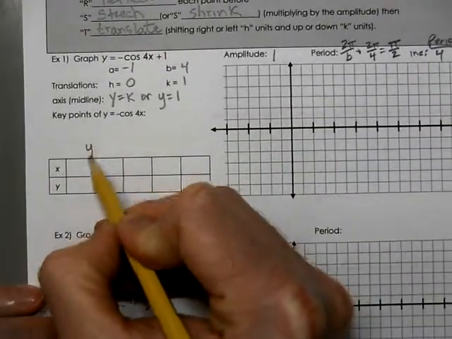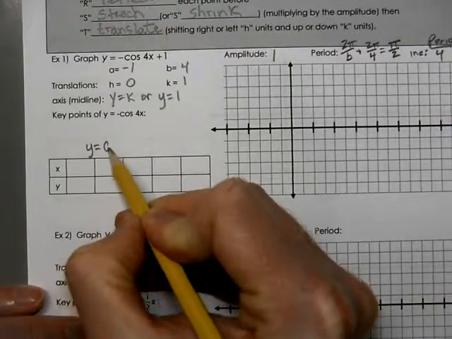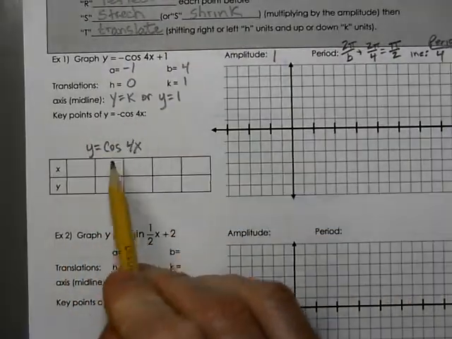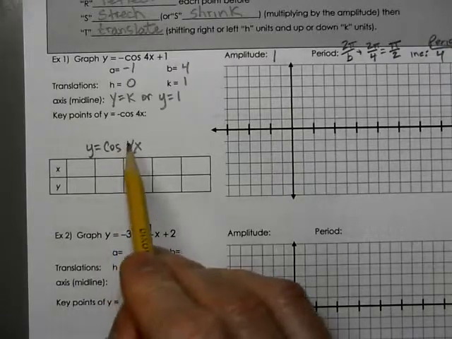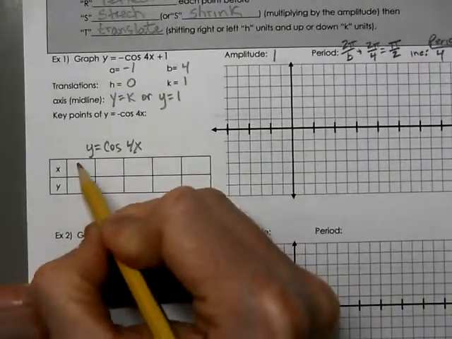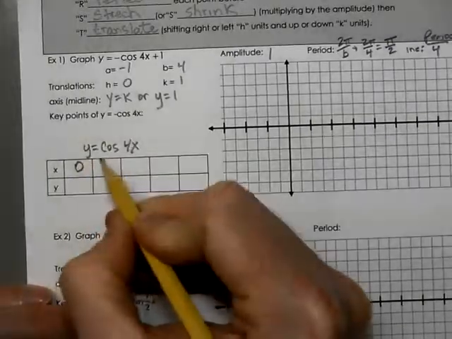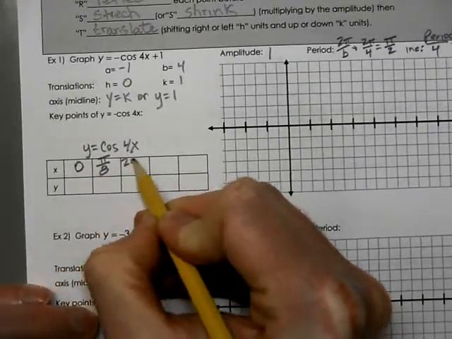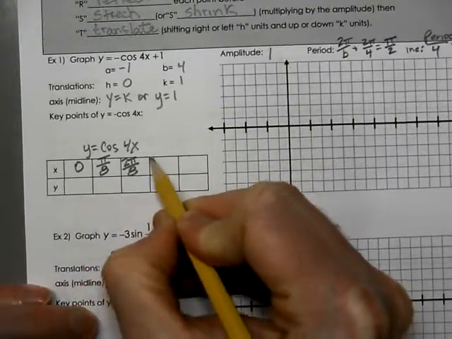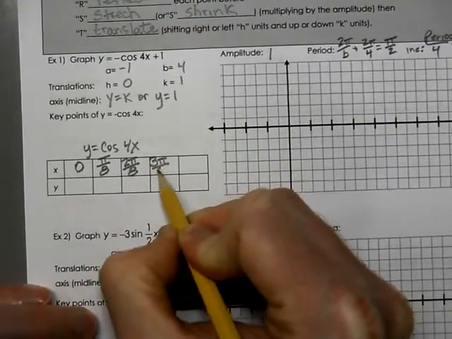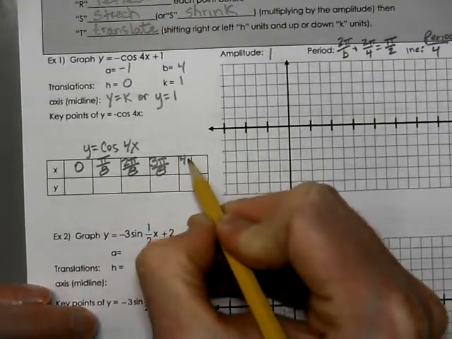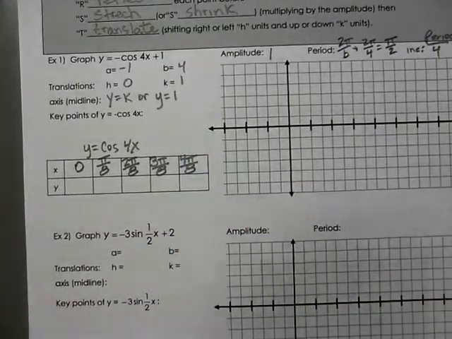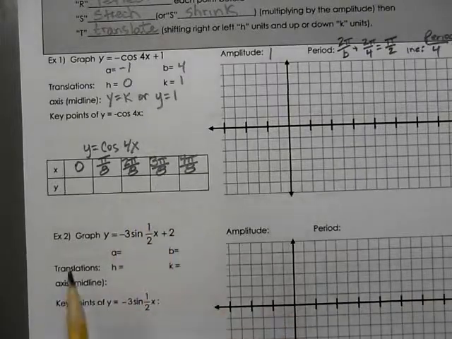We're going to be graphing y equals the cosine of 4x. We're going to start out with that basic parent function. So we always start out at 0, and then pi over 8. Then you could say 2 pi over 8, 3 pi over 8, and 4 pi over 8. You could simplify those as you write them down if you wish.